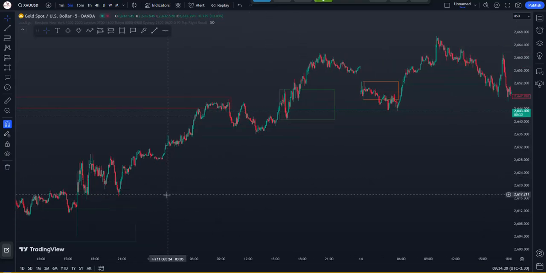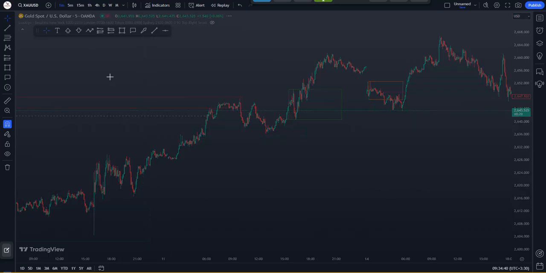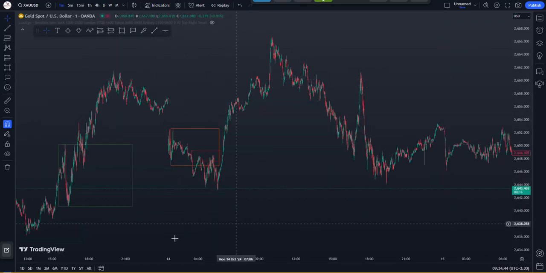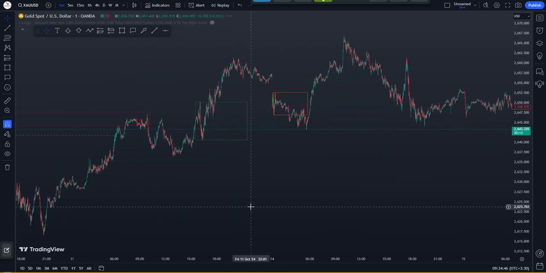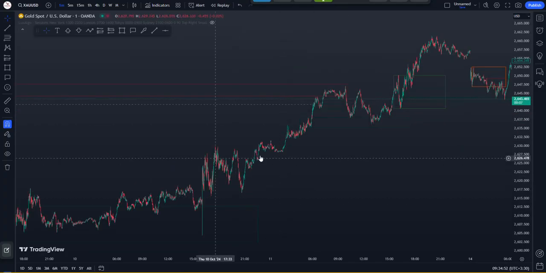In this level, this goes up, this one is here, worked, and then I'm going to 1 minute to see more details. What I'm talking about here.